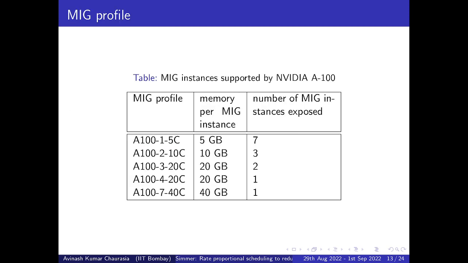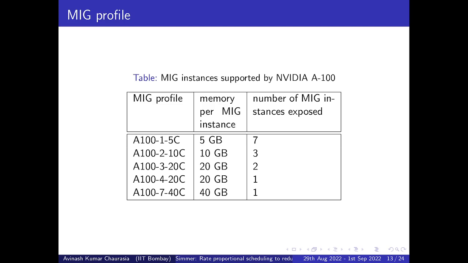This table shows all the profiles supported by the A100 GPU in MIG mode. Each profile is configured to have a fixed isolated memory. Suppose a GPU is configured for A100-1-5C, then each VM can access a GPU having 5 GB memory, and a total of 7 such instances can be created from the GPU.